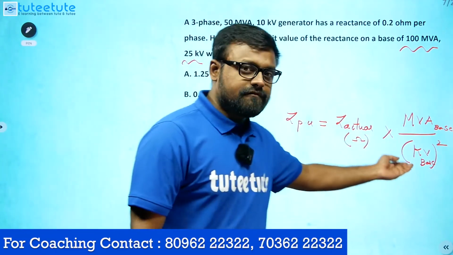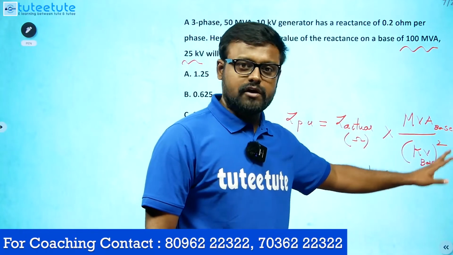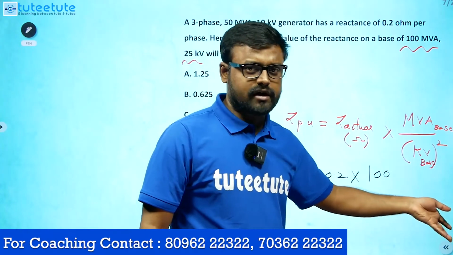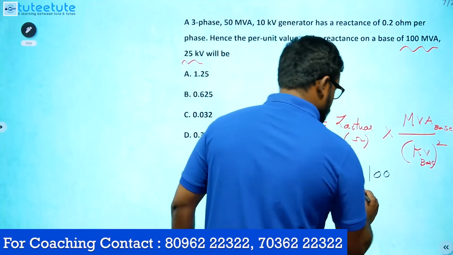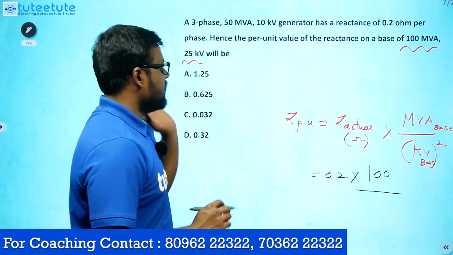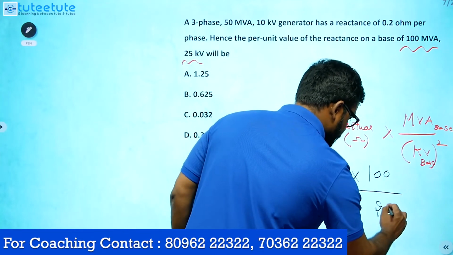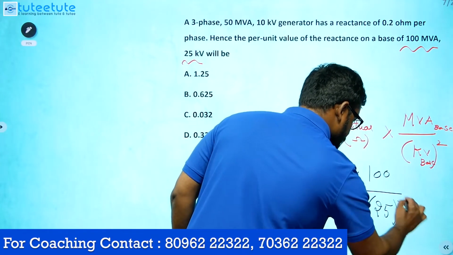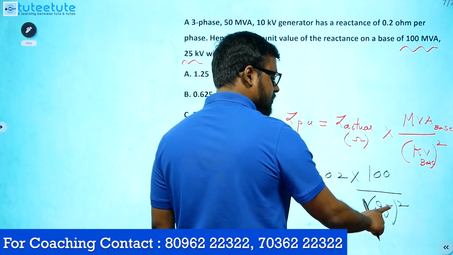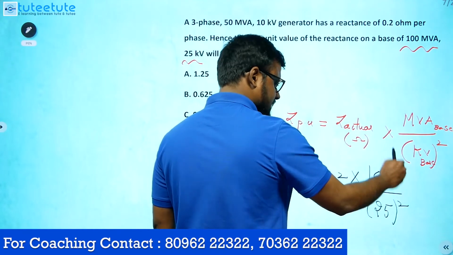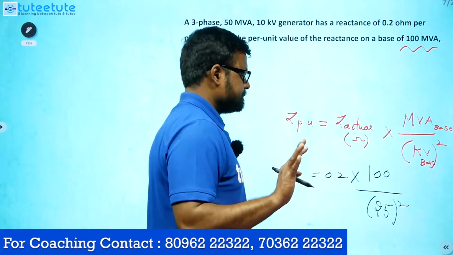Then it becomes 25 whole square into 10 power 3 whole square. Therefore 10 power 6 got cancelled. Don't get confused there. So it has to be 100 and this has to be 25 whole square.